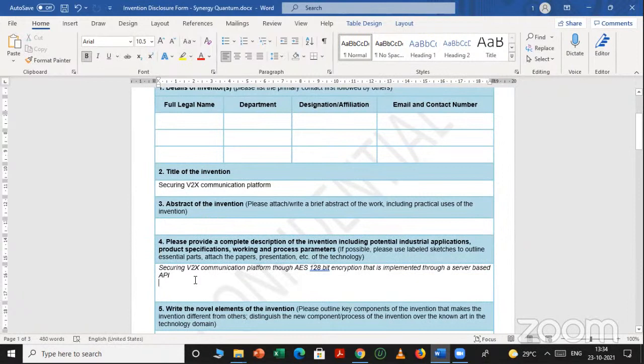But when you are going to provide your idea to your attorney or to a firm like us, you have to describe everything related to your invention, or everything you know about your invention. For example, suppose you're doing research on a particular topic.